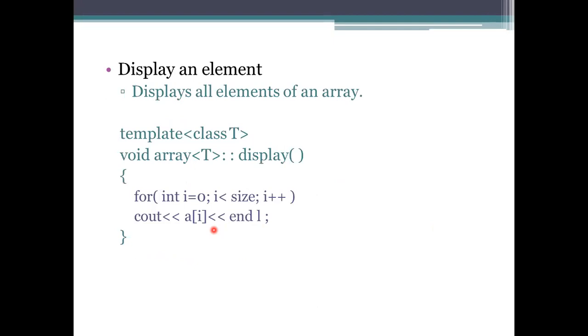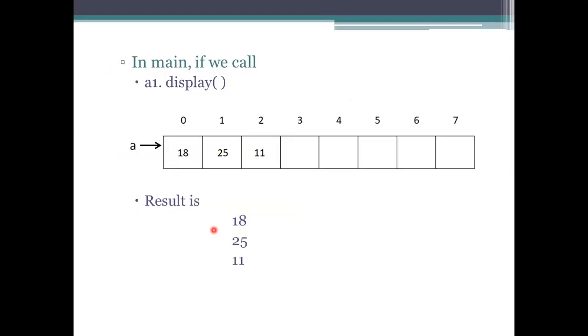If you want to display the elements, simply write a for loop and display all the elements we have. It is a 0 based index, so it should start with i equals 0 and i should be less than size, or you may specify less than or equal to size minus 1. At each displaying of an element we specify the iteration, and then it goes to the next iteration.